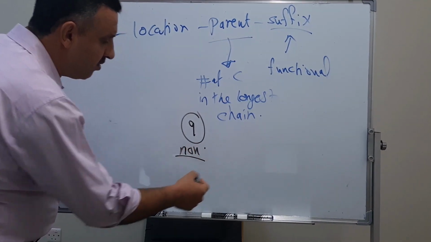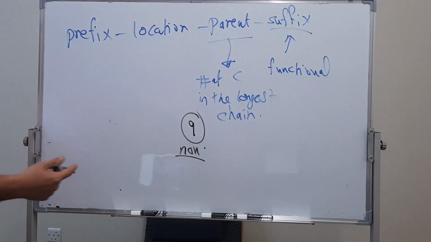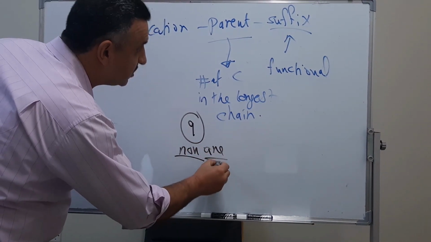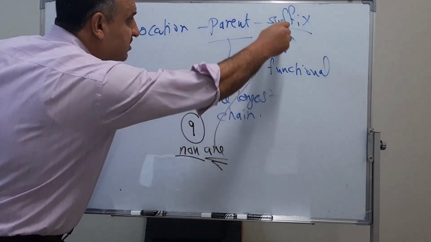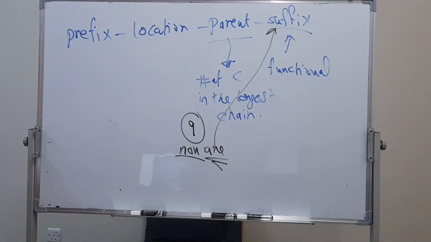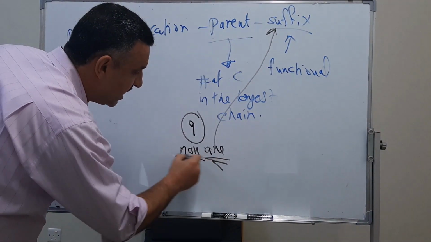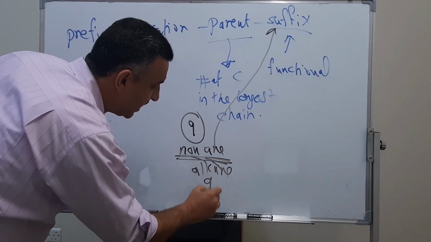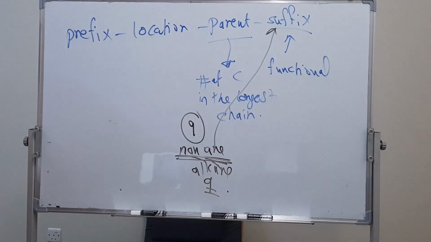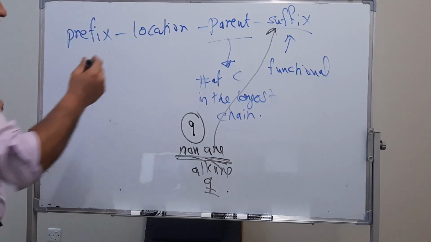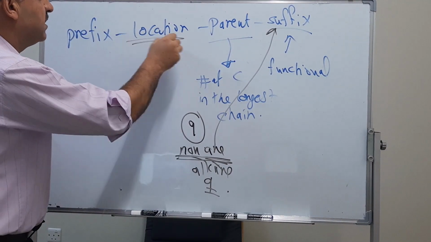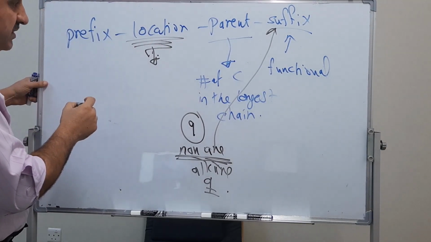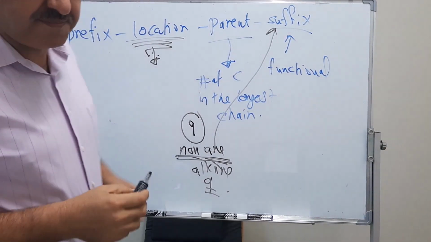Non is related to the number 9, and ane is the suffix which we use for alkanes. So nonane is the parent name for an alkane with 9 carbons. Do you follow me? Anyway, there should always be the location of the substituent here. All right?